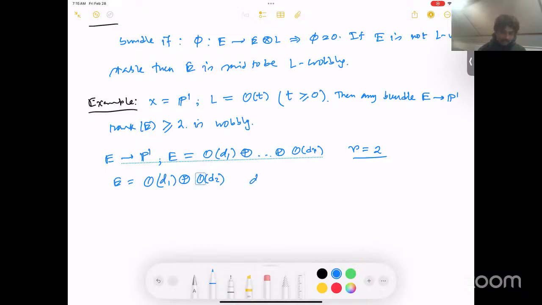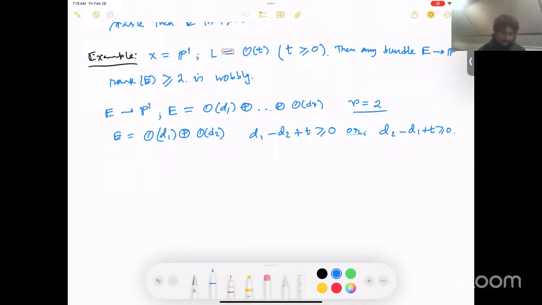So you can obtain either of d1 plus d2 plus t is non-negative, or d2 minus d1 plus t is non-negative, right? So if you want to write a phi, which is a global endomorphism, there will be four components in the global matrix, and you can plug these twisted morphisms on these empty places to create this phi.